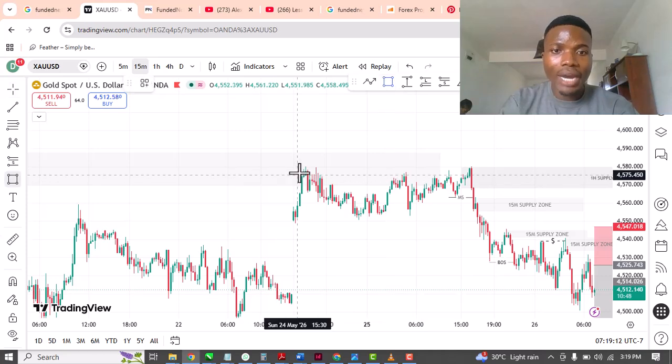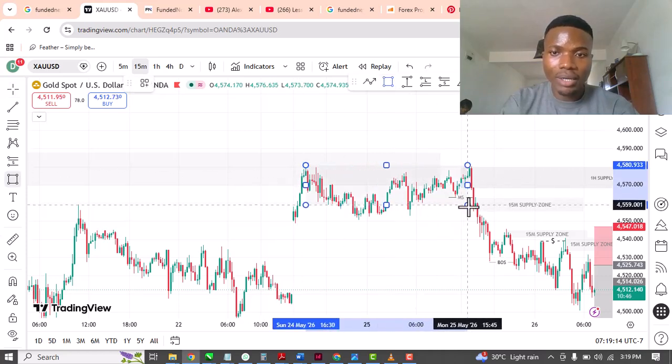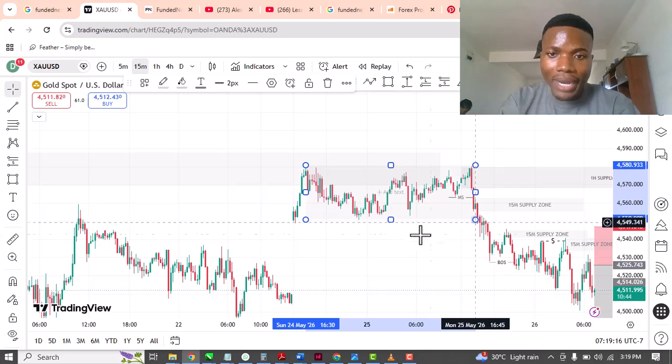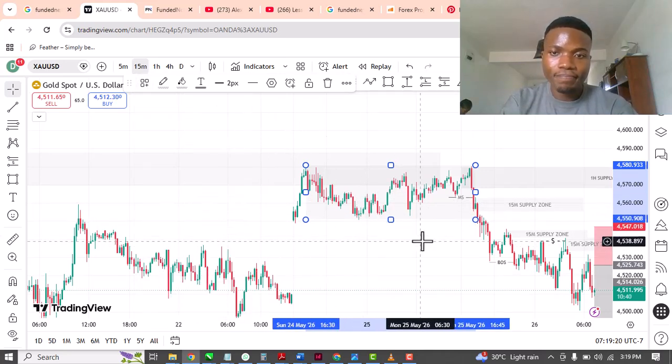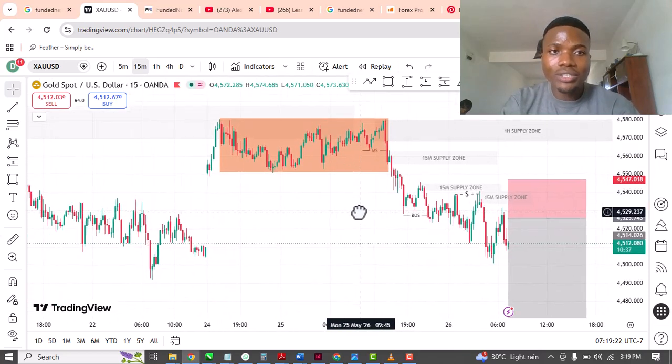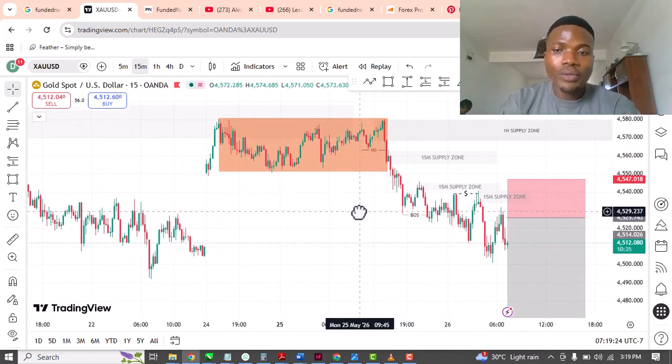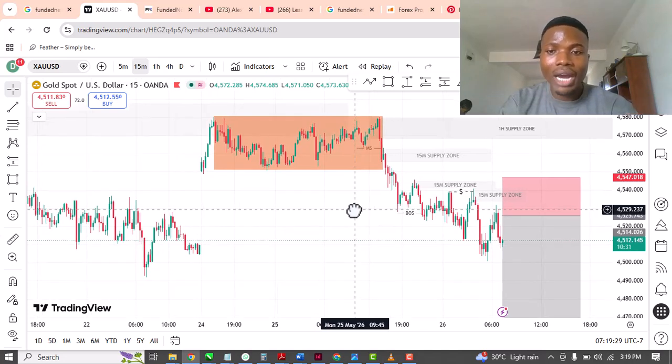So I noticed that there is a consolidation around this zone, and I waited for this day to see how price is going to react.